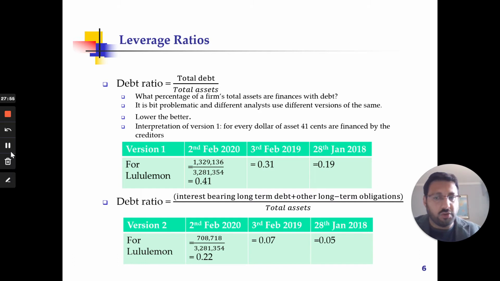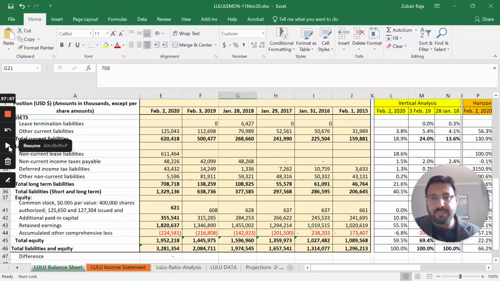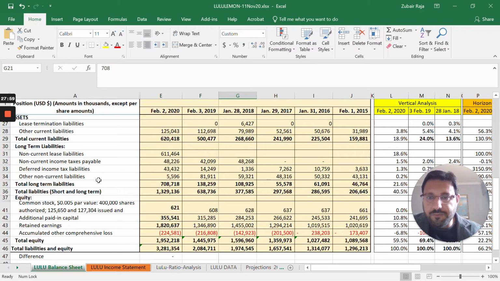So let me show you in the Excel sheet as well. Here, this total long-term liabilities I'm including in version 2 for Lululemon: 708,718. Again, these numbers are in thousands, but ignoring the three zeros in the numerator and denominator, I can simply write 708,718 divided by the total assets.